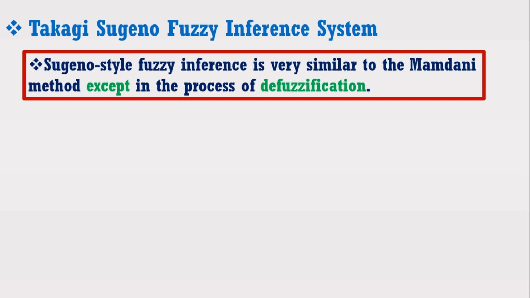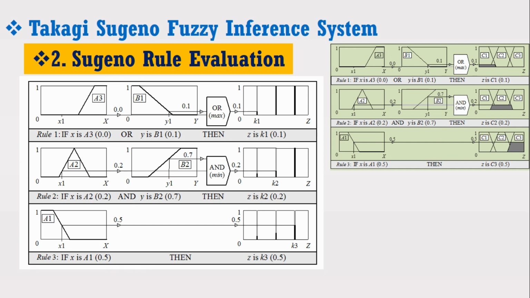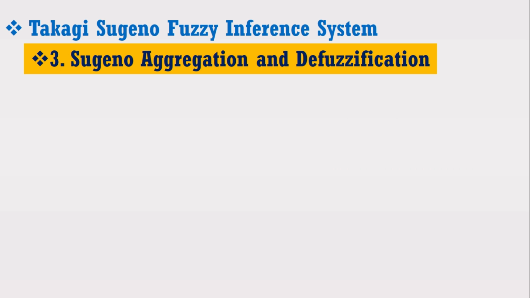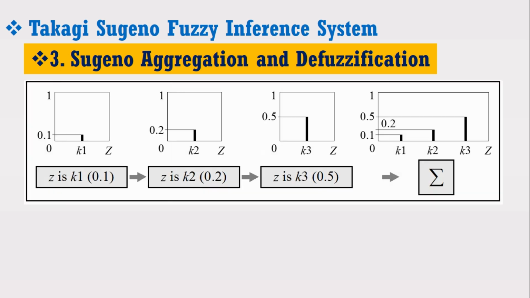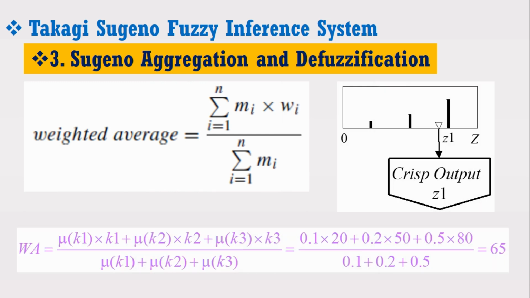As fuzzification is the same as that of the Mamdani inference system, we directly start from the second step of the rule base. It can be observed from the figure that Takagi-Sugeno takes only single values of all the rules rather than considering all the samples as in the case of the Mamdani fuzzy system. In the next step, all these 3 outputs are aggregated and their defuzzification is carried out by using the weighted average method.